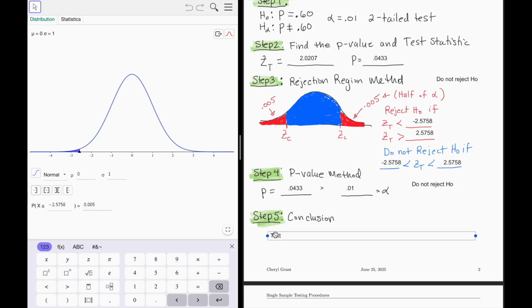Now we have to write our conclusion. Since we do not reject H0, we would say there is not sufficient evidence to support the claim of the alternative hypothesis.